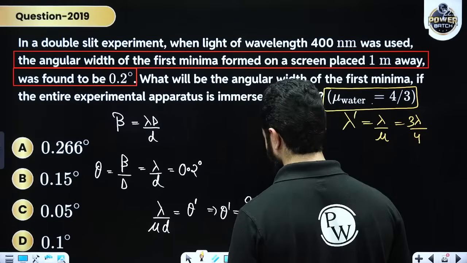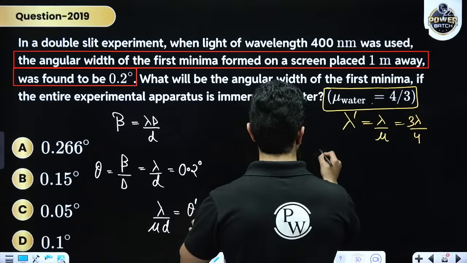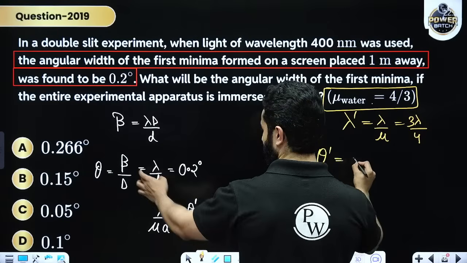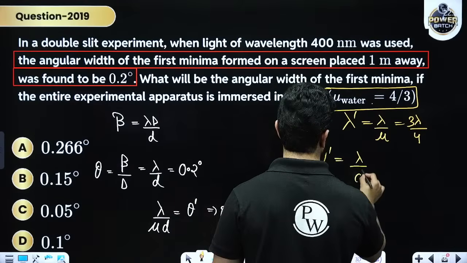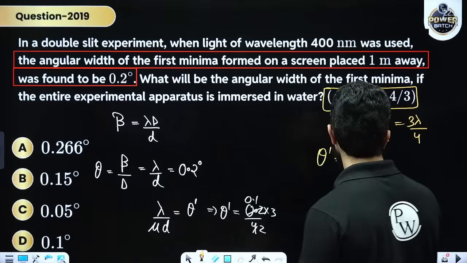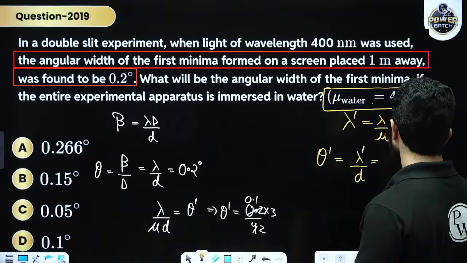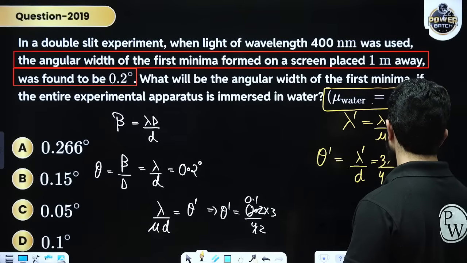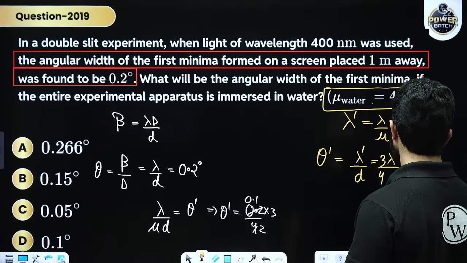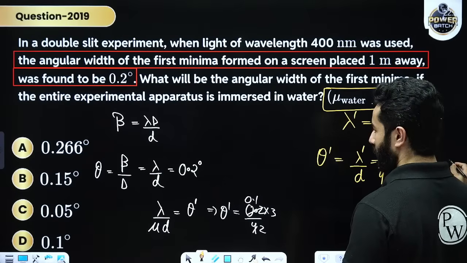So theta dash is going to be lambda dash divided by d. Instead of lambda dash, you write lambda divided by 4 by 3, so it becomes 3 by 4 multiplied by 0.2.